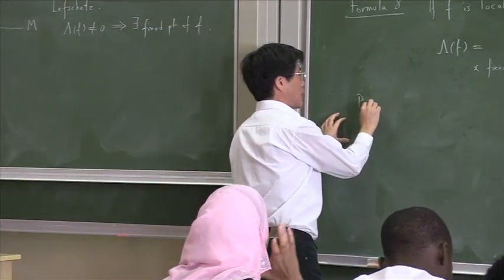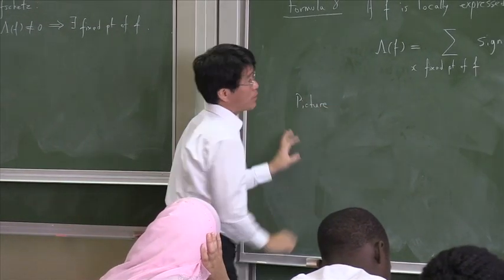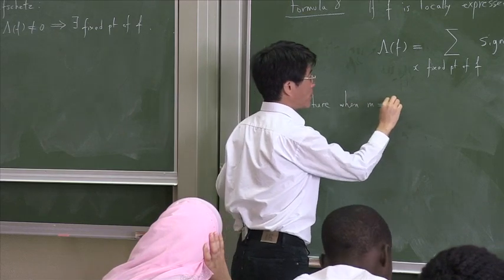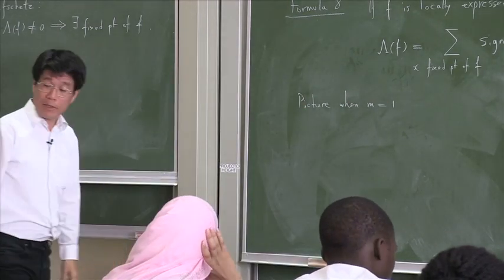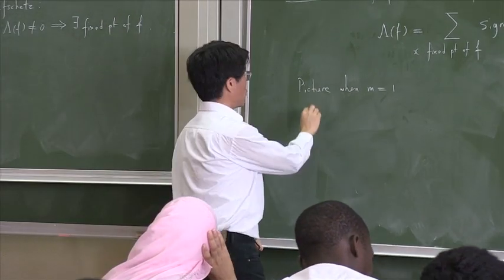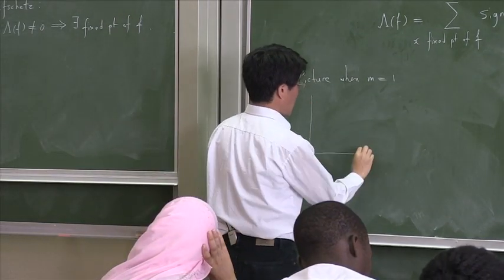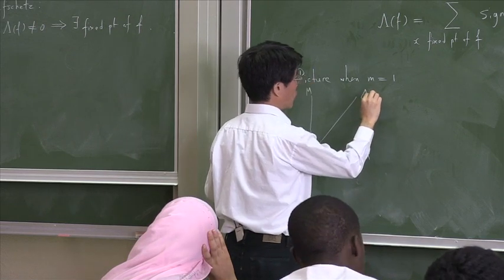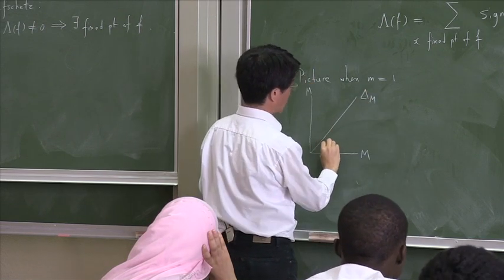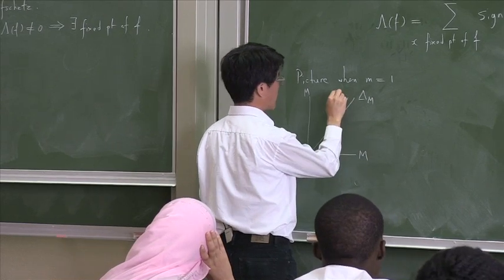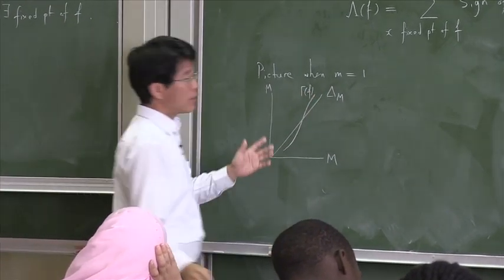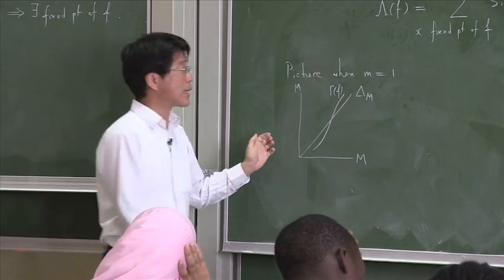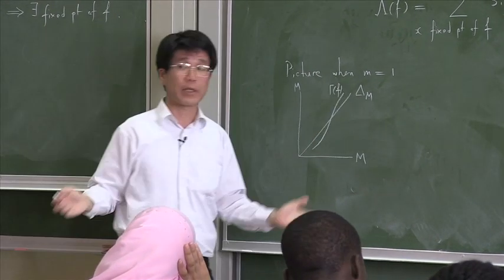In order to convince you that this does have a chance of being correct, let's draw a picture when m equals 1. In the one-dimensional case, the picture is easy to draw. This is m, and that's the diagonal. And then there is a graph which might look like this. Often this kind of picture, you are beginning to understand, is an abstract, symbolic, metaphorical picture.